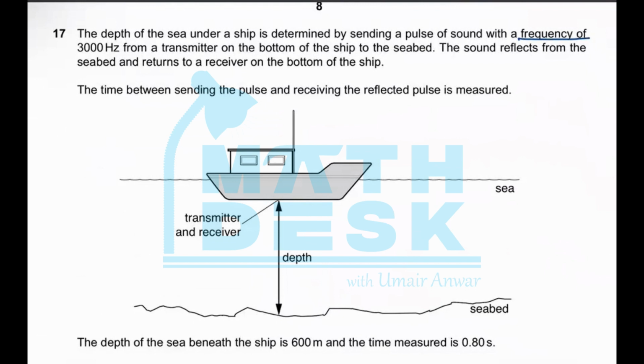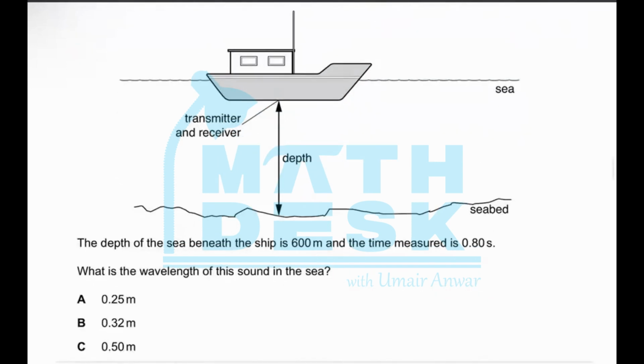The sound reflects from the seabed and returns to a receiver on the bottom of the ship. The time between sending the pulse and receiving the reflected pulse is measured. So a pulse is generated, sent towards the depth of the sea, reflected, comes back, and the receiver notes the time interval between the pulse being sent and being received back.